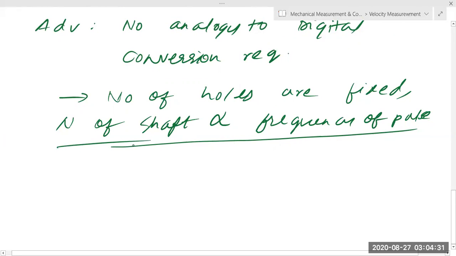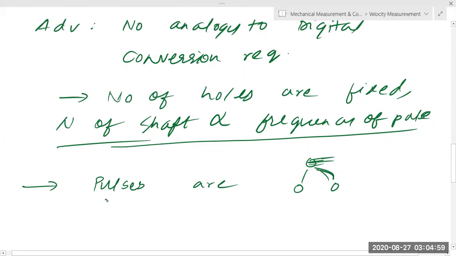Now you can even say that the pulses are constant. Why am I saying the pulses are constant? Because the hole size is constant. If the hole size is constant, the light that flows out of it and goes to the light sensor will have equal magnitude. So the pulses that are generated are at equal distances, and secondly the light that passes through is also equal.